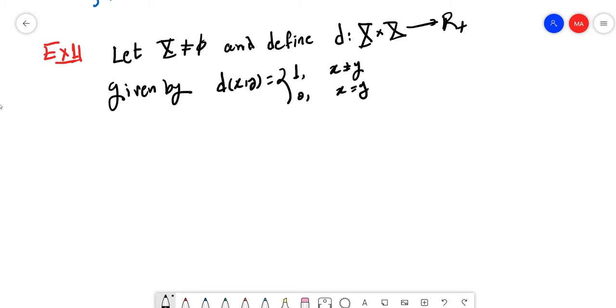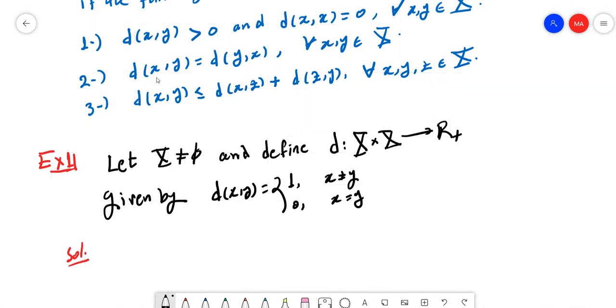Solution. We need to check the 3 conditions here.